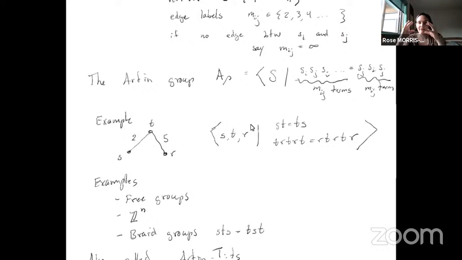Sometimes, if I'm studying groups where free relations are relatively uncommon, you might want to make some other sort of convention, right? So maybe you draw all the edges that are labeled 3 and greater, and you label some of them by infinity, and then when there's no edge, that represents commuting, something like that. So just so you know, there's other notations out there if you go and look at this in the literature.